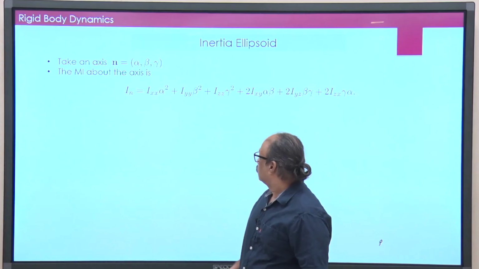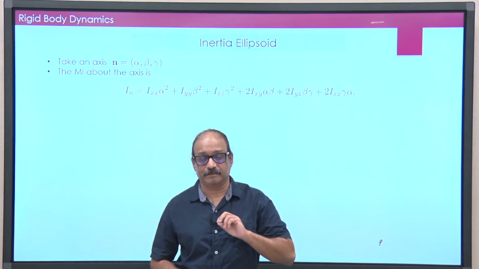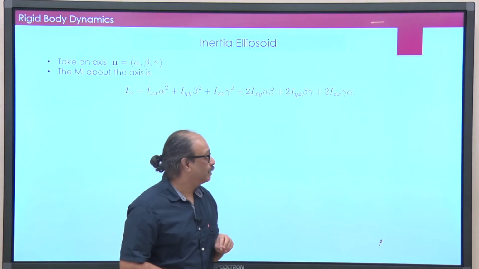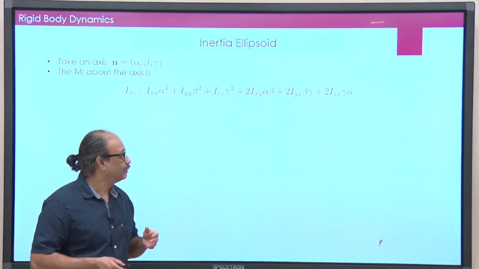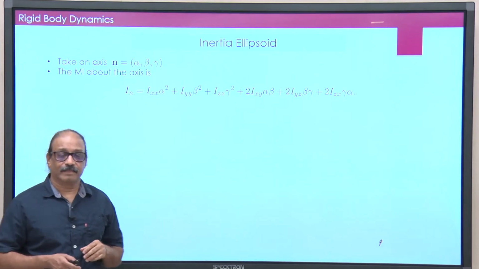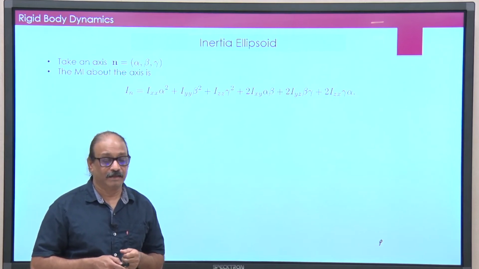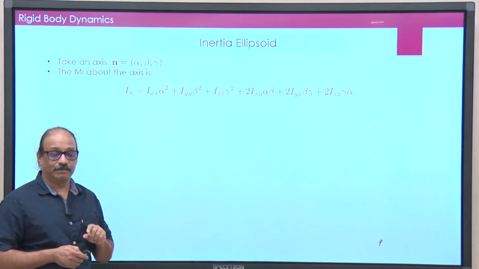Now, look, this n cap is basically a unit vector, it gives you one point in the space. But if you look at this expression here as an expression in variables alpha, beta, gamma, then you immediately see that this in fact is an equation of an ellipsoid. Okay. Which are the points on the ellipsoid?